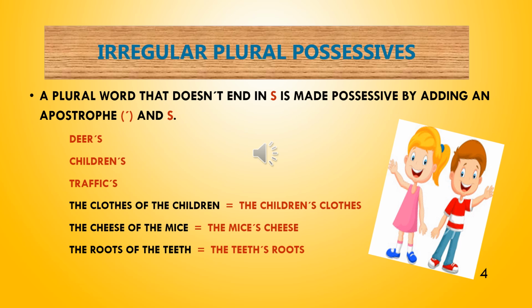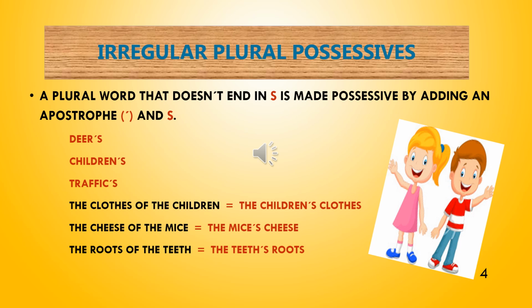The last one is the roots of the thief. Here we have the irregular plural possessive. The thief's roots. It means that the roots belong to the thief. Okay, this is the irregular plural possessive.